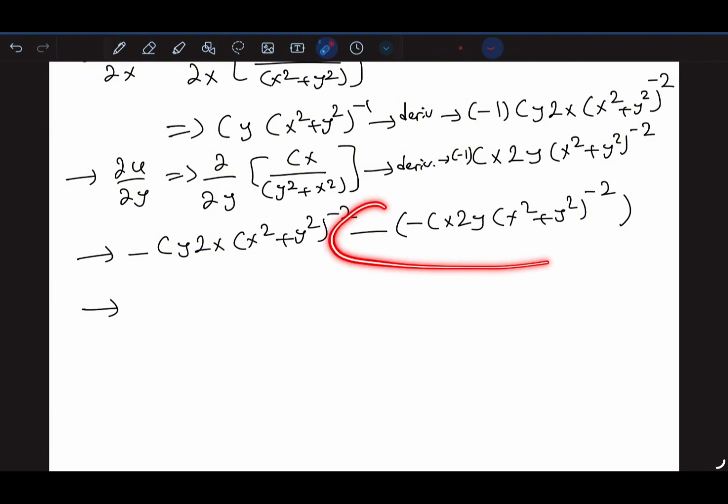This part will be positive because we have minus and we have minus here.